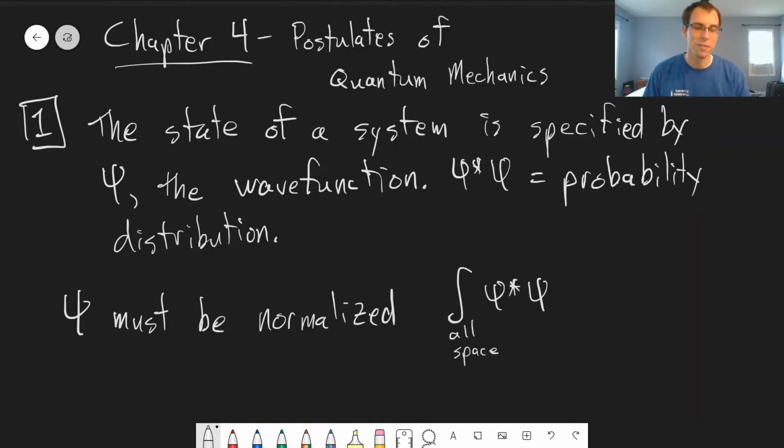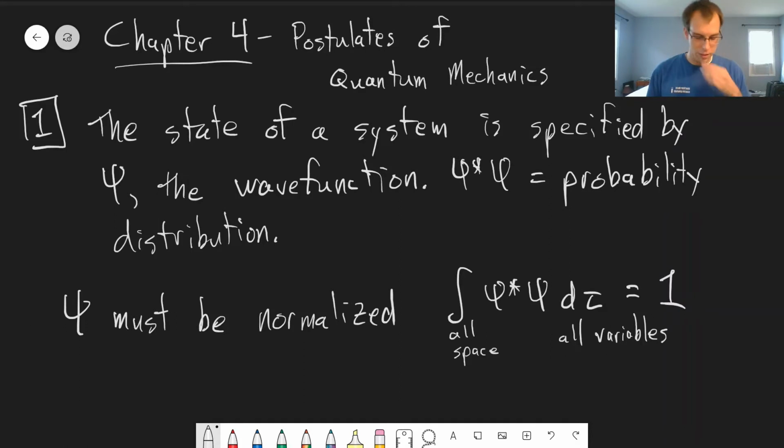What this means for different systems will be slightly different depending on what coordinate systems we're using, so I'm just going to keep it very generic here. We'll use the symbol d tau to represent all the variables, whatever they may be. This could be x, y, and z. It could be just x if we're dealing with a one-dimensional system. We'll see r, theta, and phi show up, and this integral has to be equal to 1.